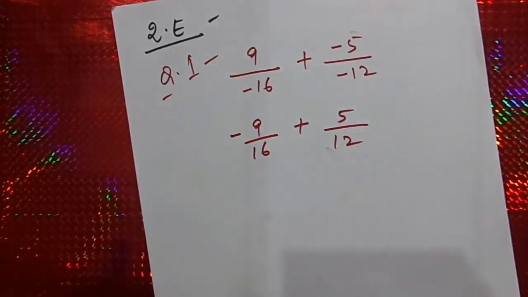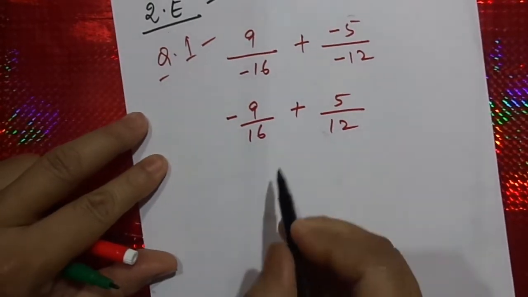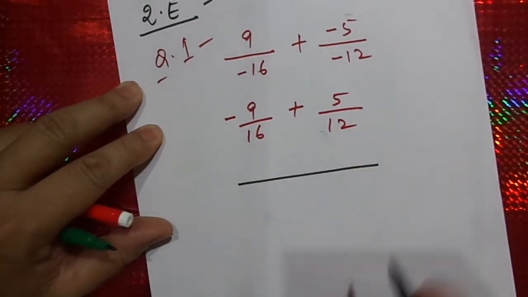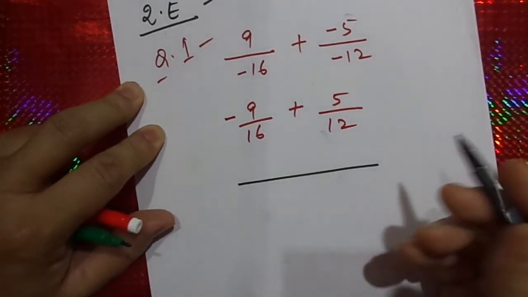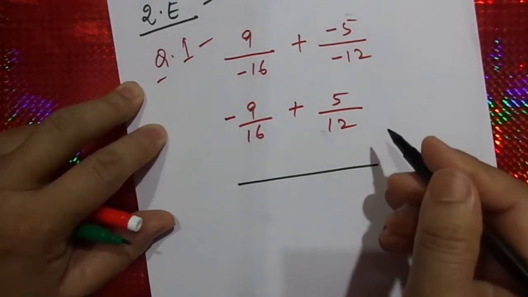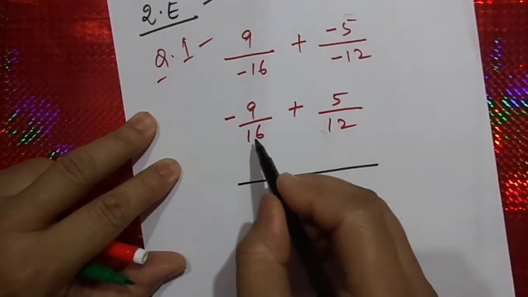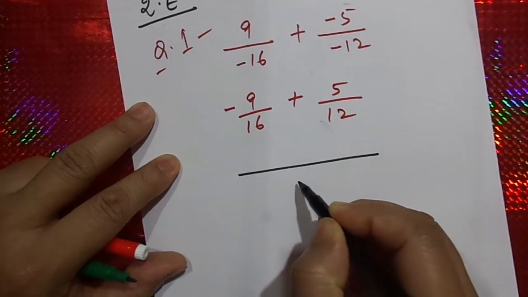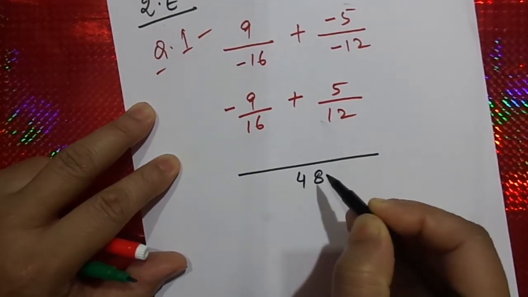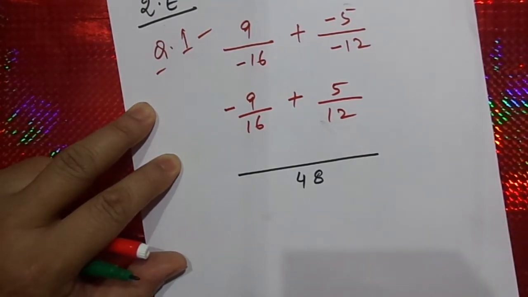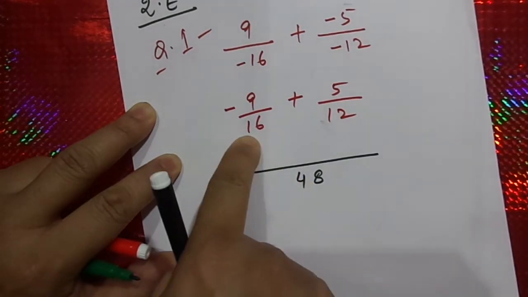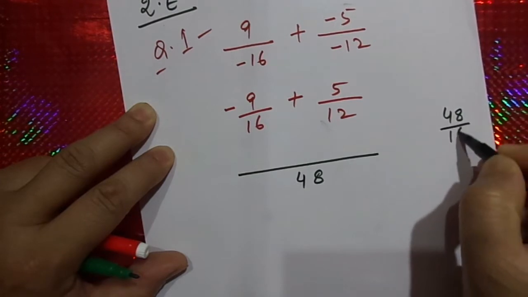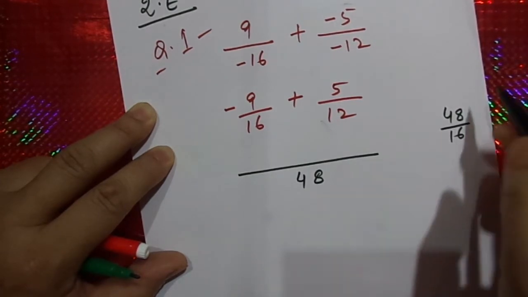Now take the LCM of 16 and 12, as we have been doing this a number of times. The LCM of 16 and 12 will be 48, and 48 divided by 16 will be 3.